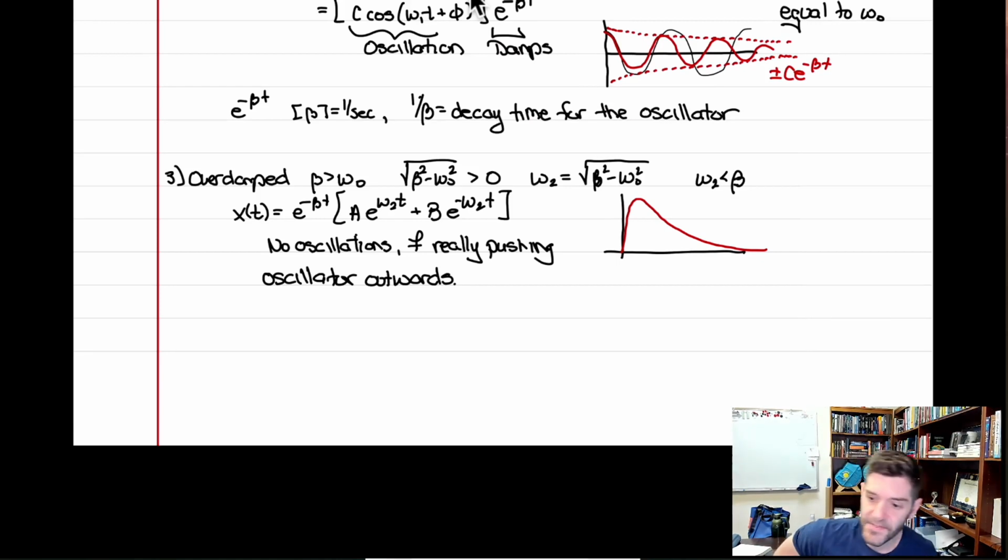And it decays. If you want to define a decay parameter, maybe you could define it as beta minus omega sub 2 or something like that. It's sometimes used, but ultimately there are no oscillations. There's lots of friction, so as the box is trying to get back to the equilibrium spot, the friction is really resisting it. So it could potentially very slowly make its way back to the origin without any desire to oscillate.